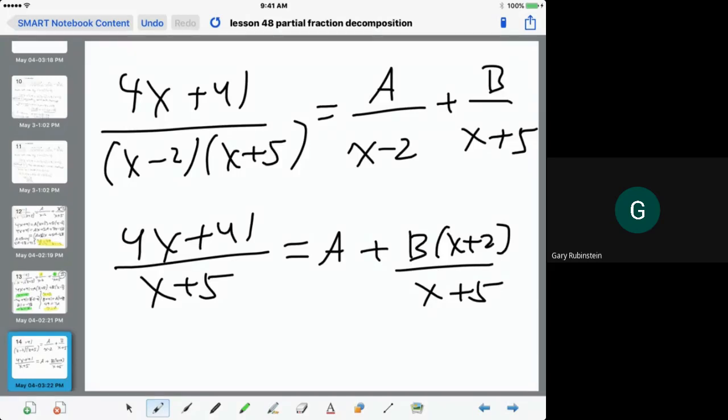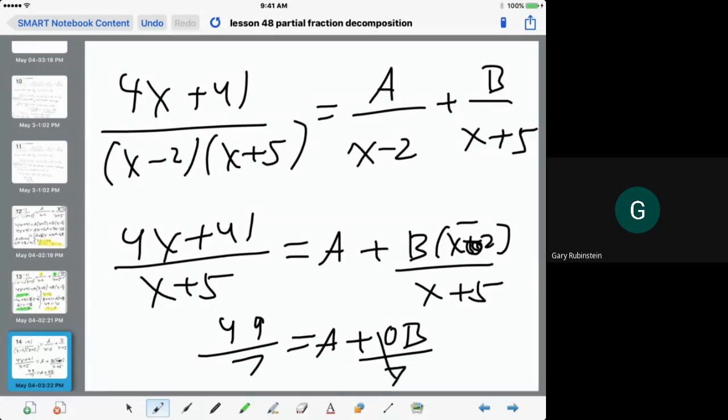So Willis, here we are. So now what? Oh, I see. And now you plug in x equals 2. Now when you plug in the 2, you get 49 over 7 equals a plus 0b over 7, and they cancel.